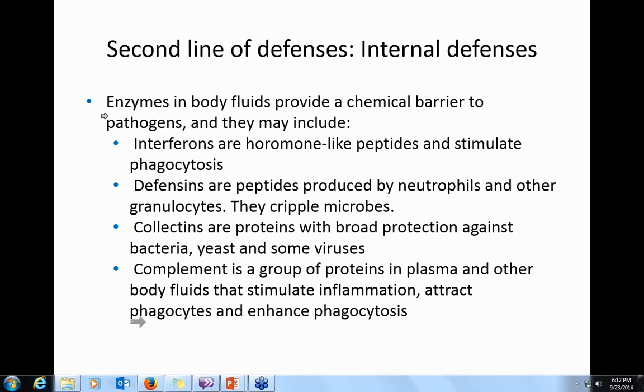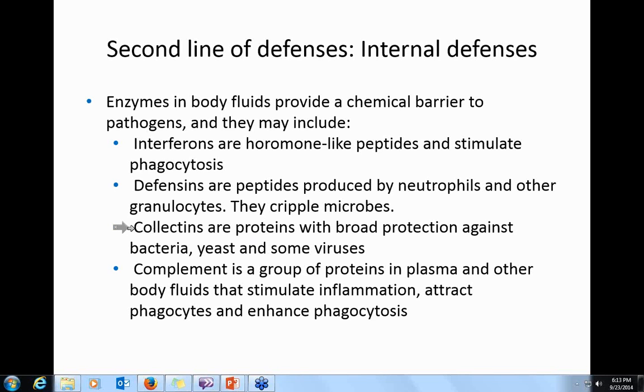Other things that are internal defenses, you have interferons. These primarily prevent viruses from spreading, and they do so by stimulating phagocytosis. Defensins, they cripple microbes. They're going to stimulate neutrophils. We're going to talk about neutrophils. These are phagocytes, cell eaters.